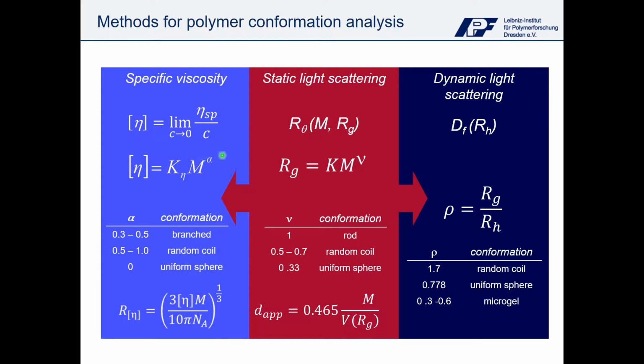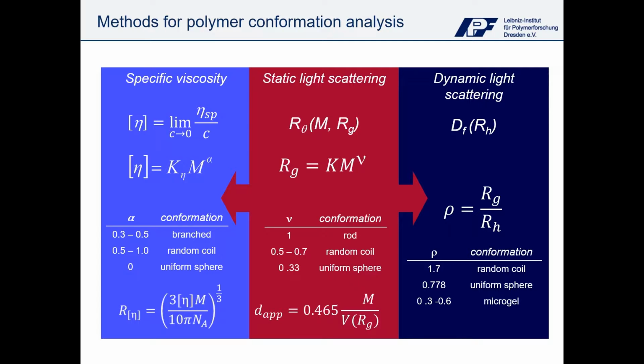The Kuhn-Mark-Houwink parameter alpha is also a way to describe the conformation of the macromolecules or the particles, and the values of alpha, which are interesting for us directly for different macromolecules, are shown here.